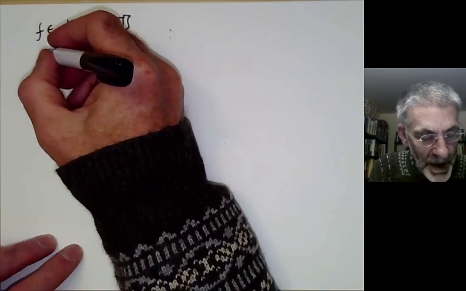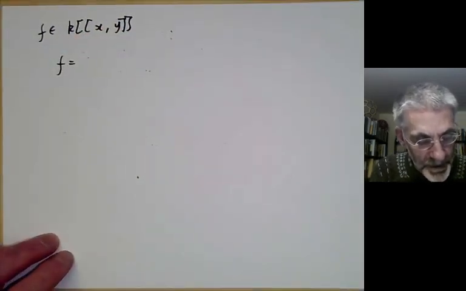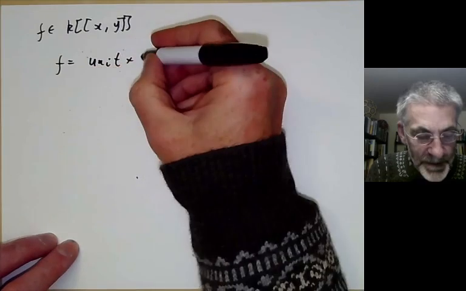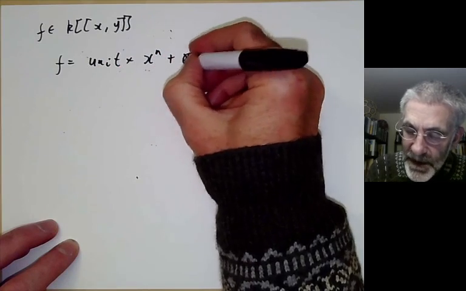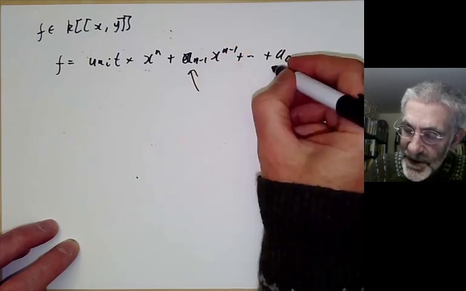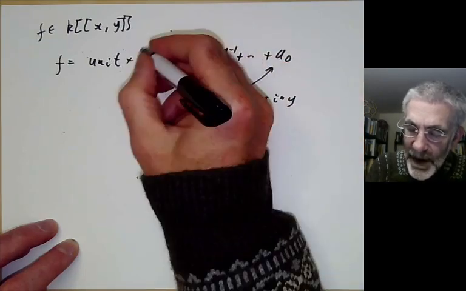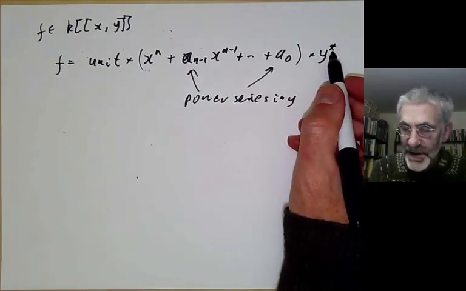So if we're given f as a power series in 2 variables, what we can do is we can write f is equal to a unit times a special polynomial in x, x^n + a_{n-1} x^{n-1} and so on, plus a_0, where these are power series in y, and I guess we also need an extra power of y, which I always forget whenever I discuss this theorem.